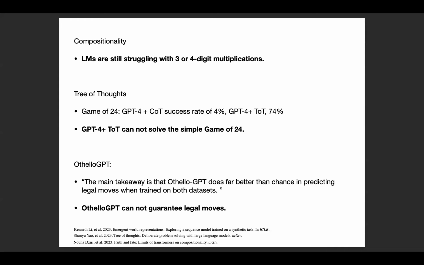With the tree of thoughts technique, a very advanced technique, accuracy goes from 4% to 34%, a very big improvement, but they still cannot solve all the 24 problems. So something is wrong there, right? And for Othello, the game with black and white pieces, they are still trying to figure out the legal moves. So those language models, in particular GPT or ChatGPT, still cannot handle those simple problems.